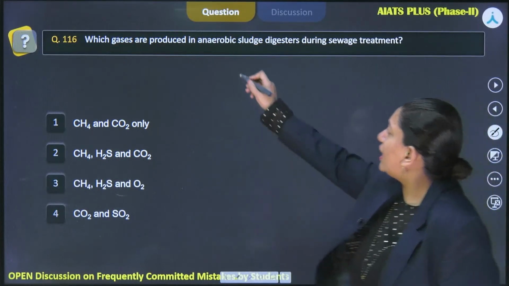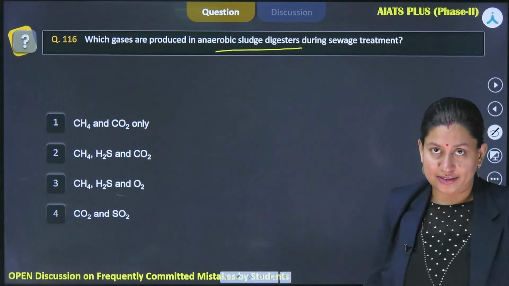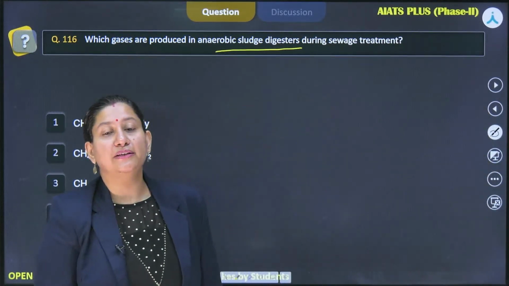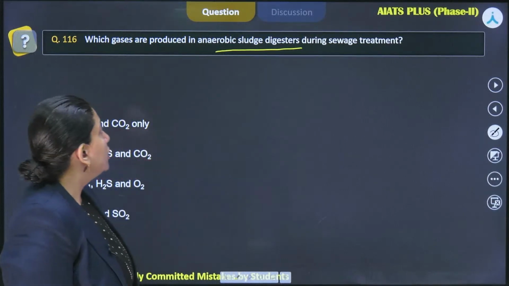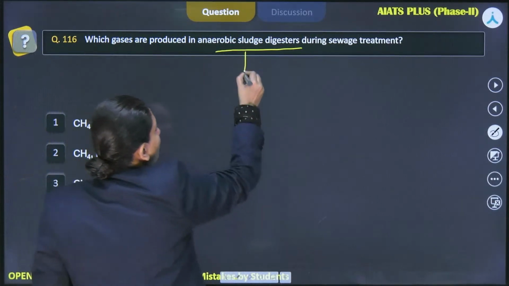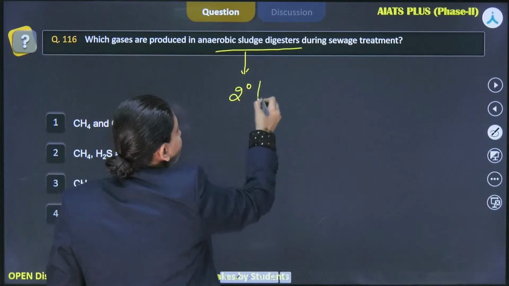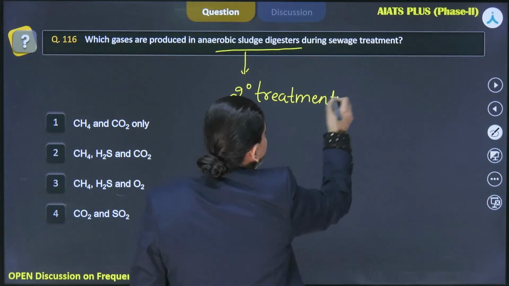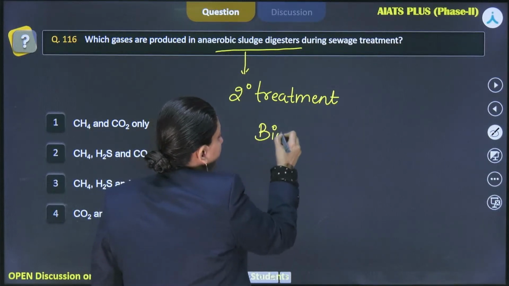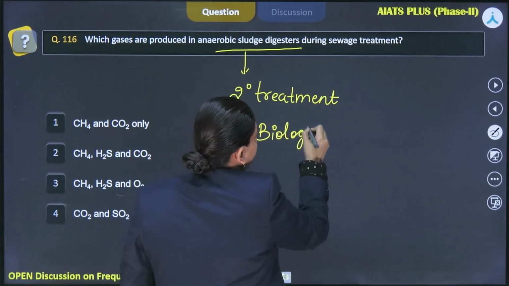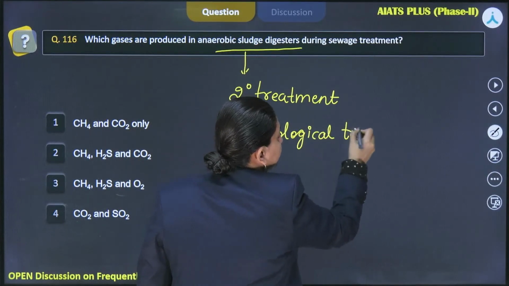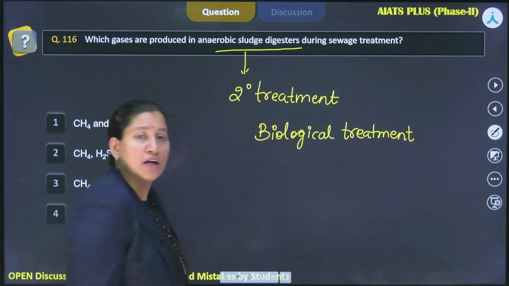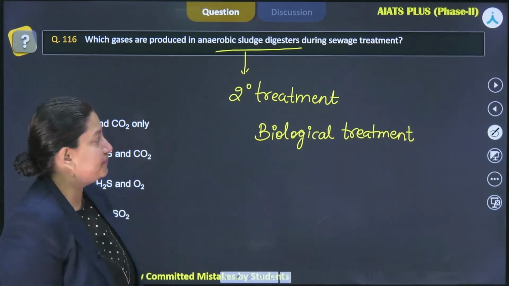So when we talk about anaerobic sludge digesters during the process of sewage treatment, this is a component of secondary treatment, which is a biological treatment in which we use microbes for the treatment of sewage, right?